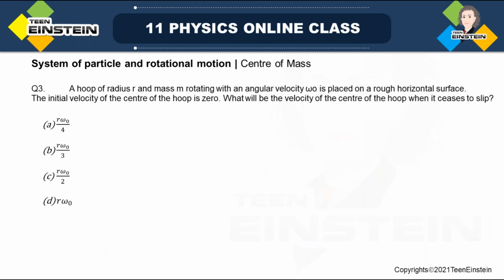This is also a very, very interesting problem. The problem says that a hoop of radius r and mass m, rotating with an angular speed omega 0, is placed on the rough horizontal surface.